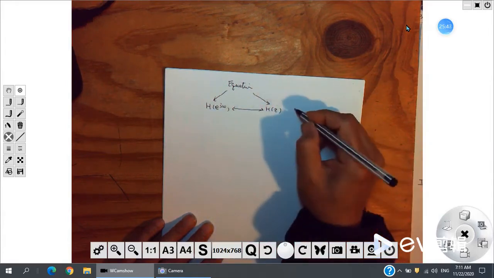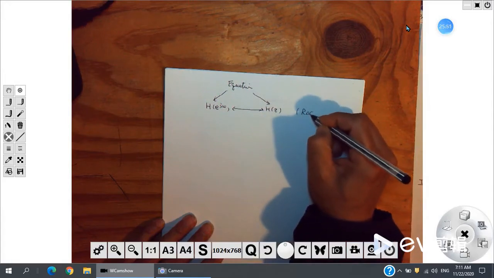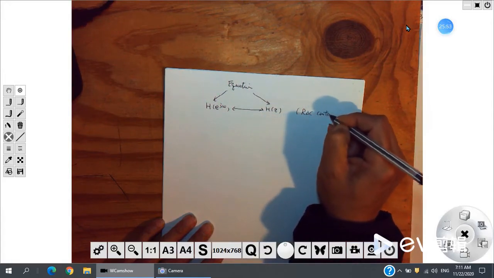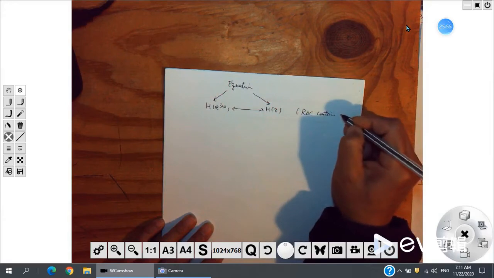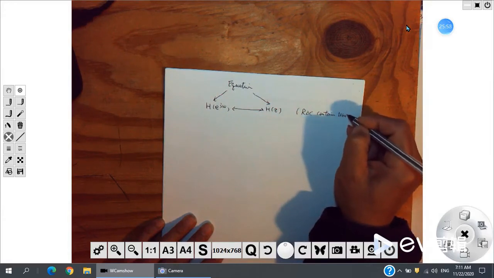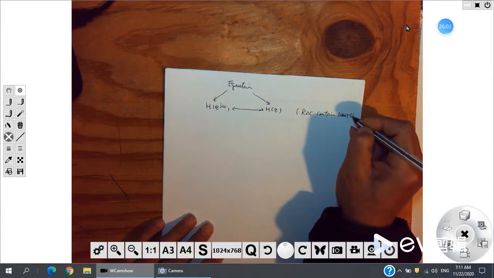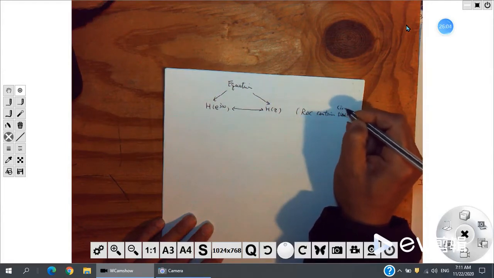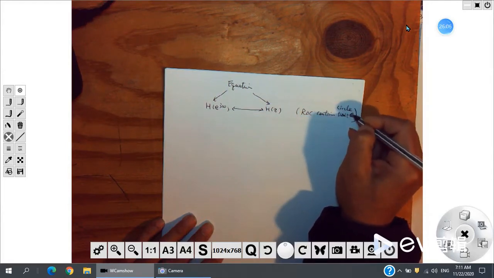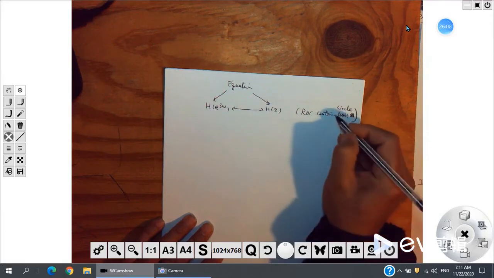But you need a condition: the ROC contains the unit circle.